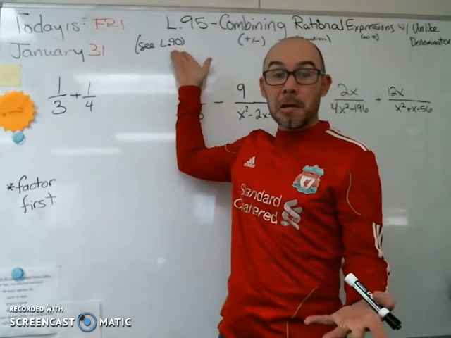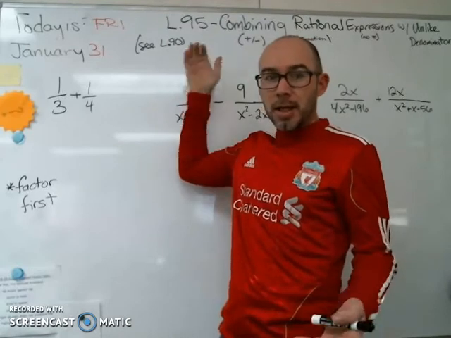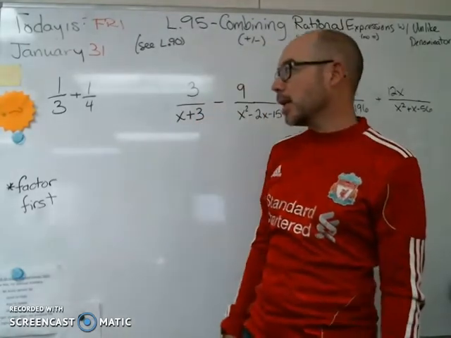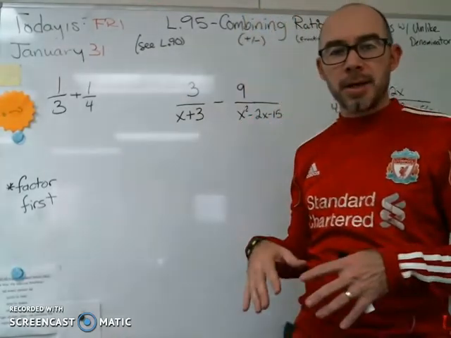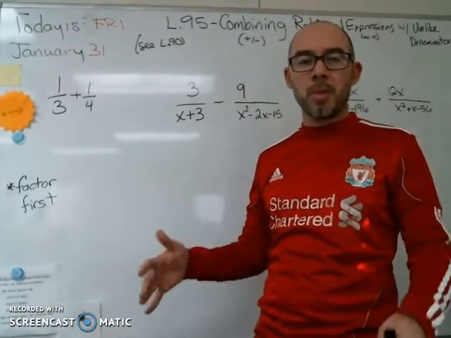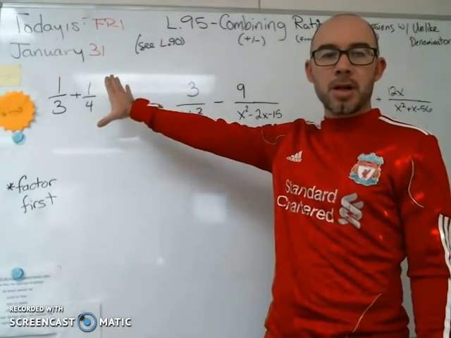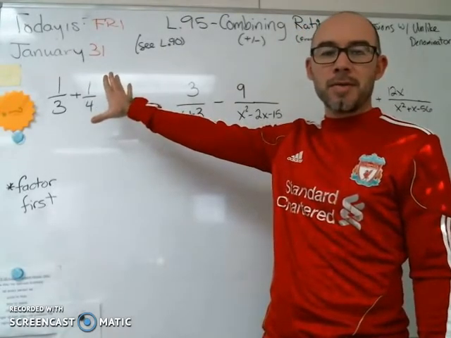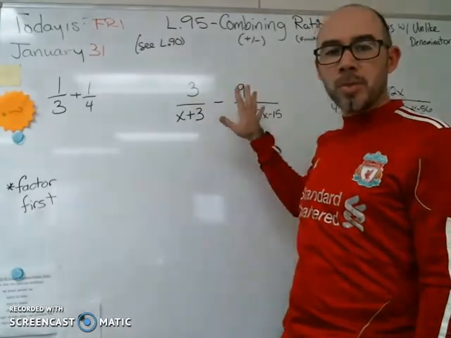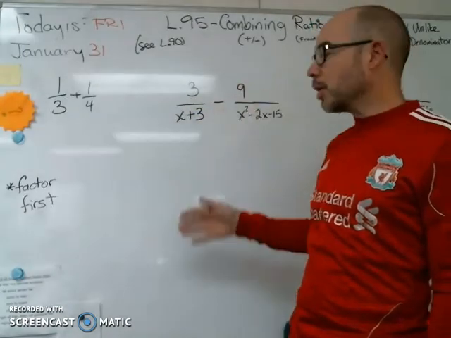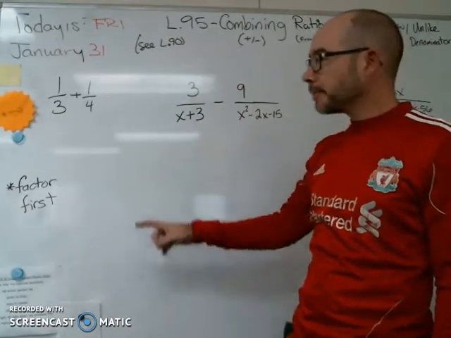Now, we're going to have things that look very much like some of the harder problems from lesson 90, but maybe a little bit more preliminary work to do today. Let me start off with our basic. We usually start off with something with numbers and just remind ourselves of the rules, and then we'll go to the more abstract things with polynomials and factoring and whatnot.